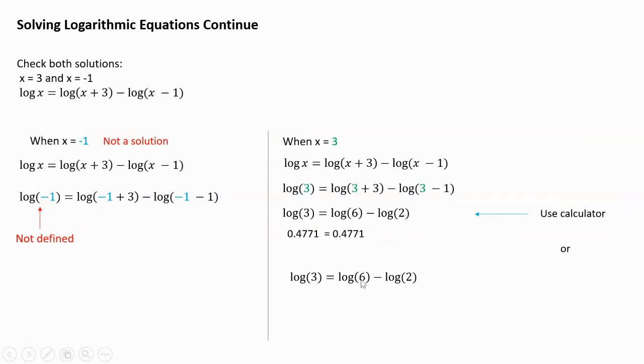Here we can condense it because when you have the same base, by using one of the log properties, the quotient property, when you have logs with the same base and you're subtracting, you can put them in a single log and you'll be dividing. So we know that log of 3 equals log of 3. So I know this one's the solution. The solution is 3.